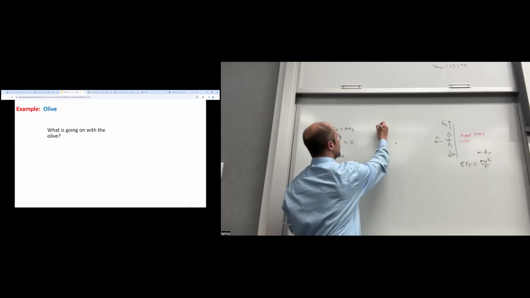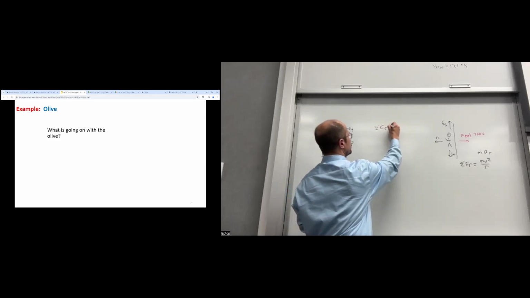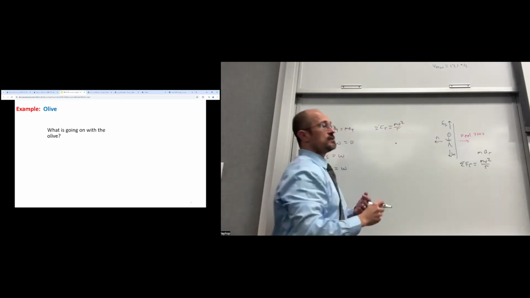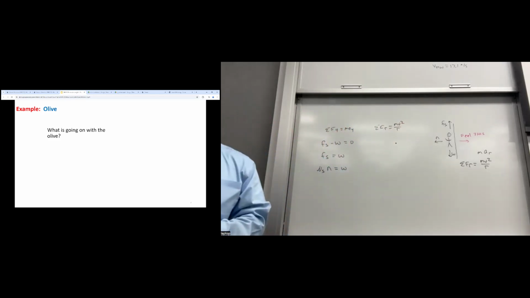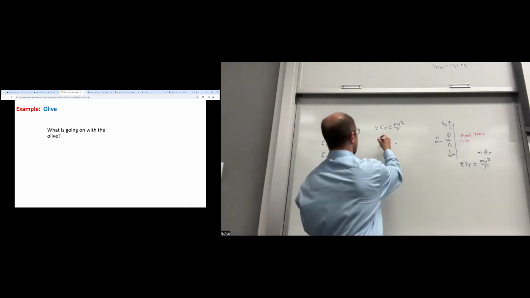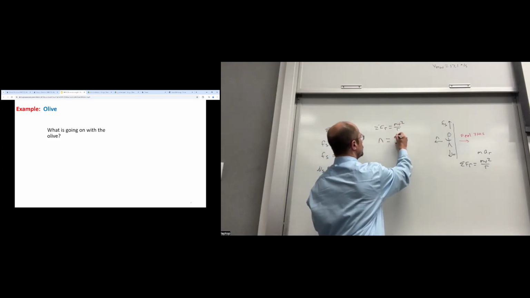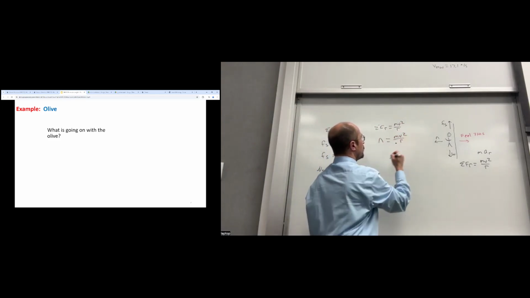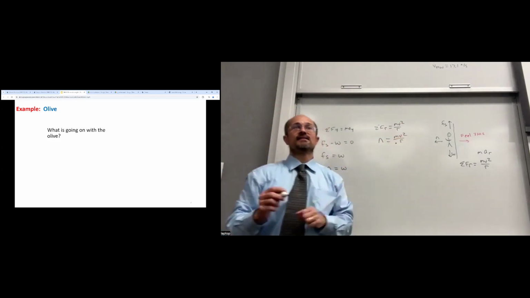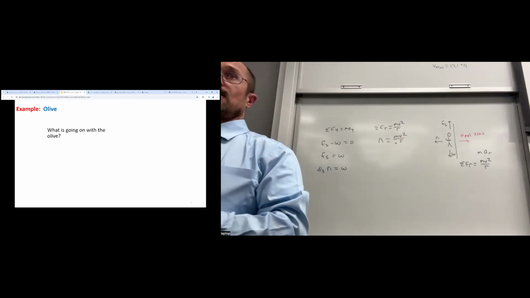Now, when we come over here, we're going to sum forces in the radial direction to get mv squared over r. And what's our one force in the radial direction? The normal. So N equals mv squared over r. So the normal force depends on the velocity, right?